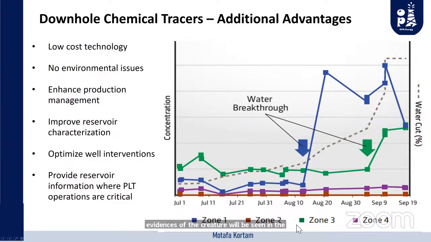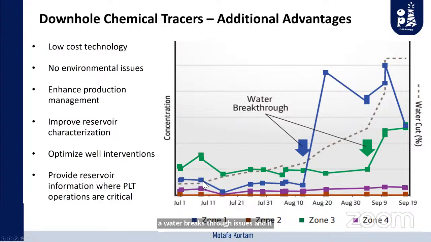So we have those 4 zones. For example, the green one is showing some concentration. It means there might be a little water coming. But then, starting here, we see an aggressive development in the water, indicating a water breakthrough issue, and it becomes watered out.